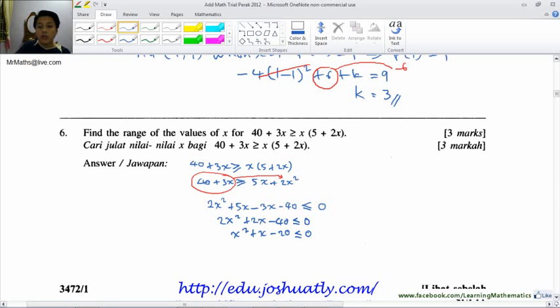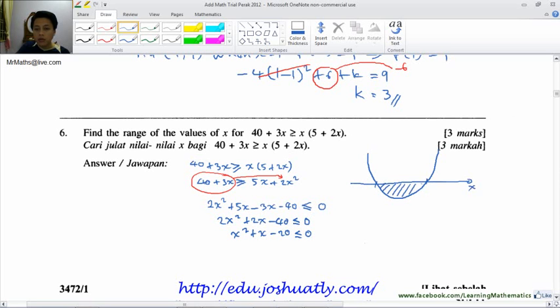So if we draw the curve, it will become a smiley face, because the coefficient of x squared is 1, and if this is the x-axis, then it will fall somewhere here, right? Then it says that below is less than 0 or equal, so we are looking for this area.